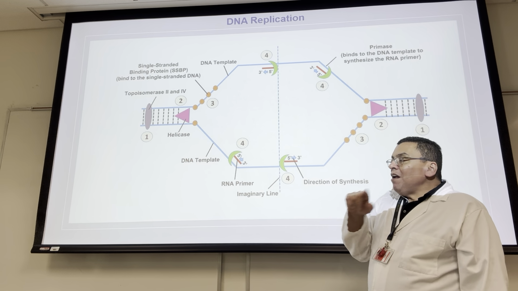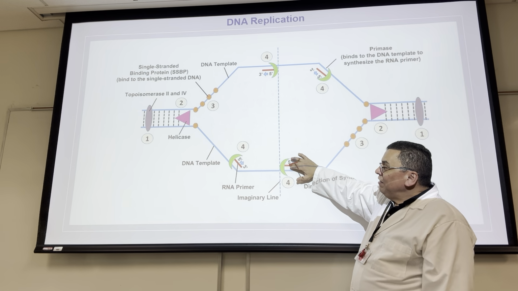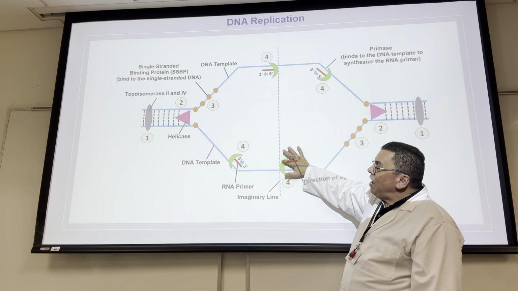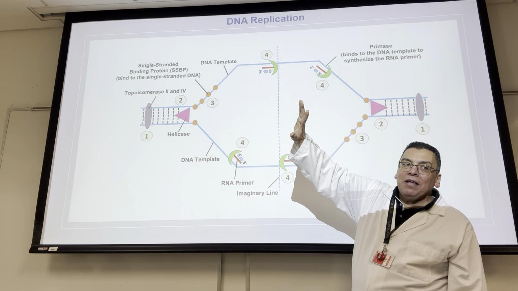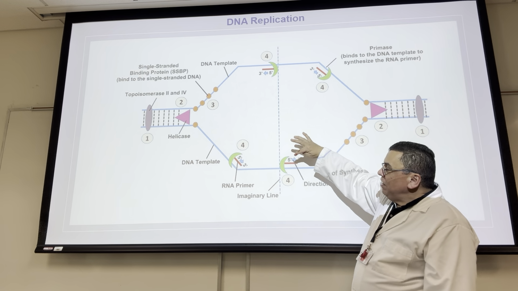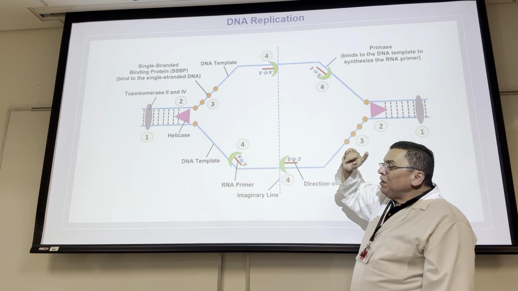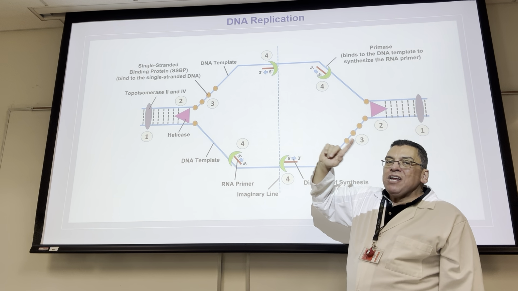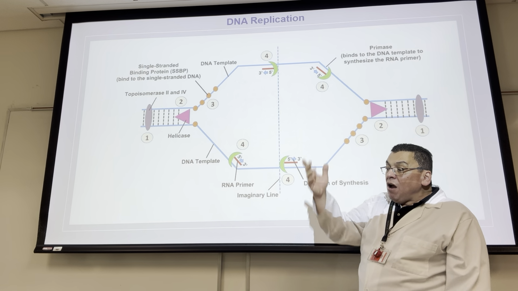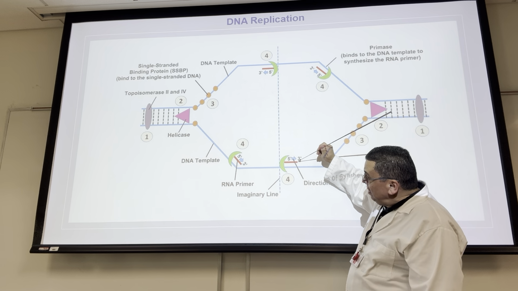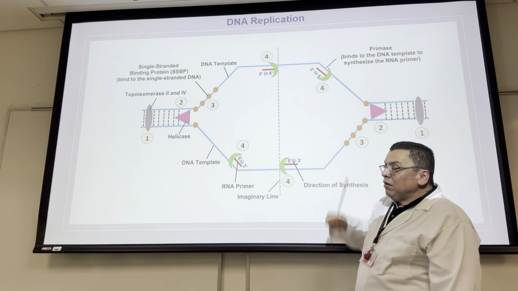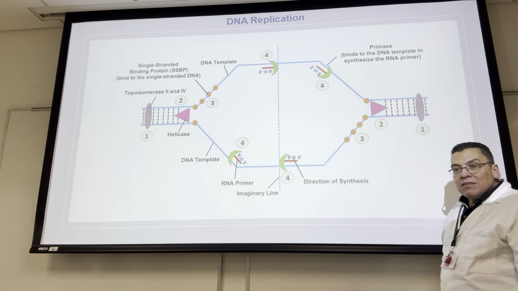The primer, after it's laid down, this primase, you're going to see the next slide, is going to fly away. It's done. I'm leaving. The primer now will tell DNA polymerase 3 where to start. Start here, where the 3' end is.